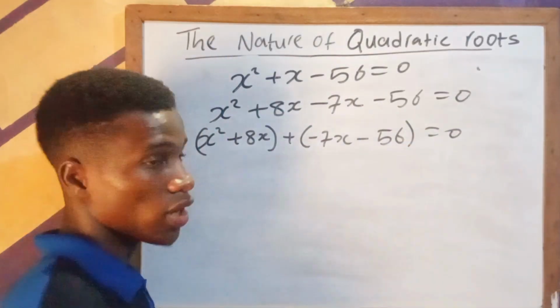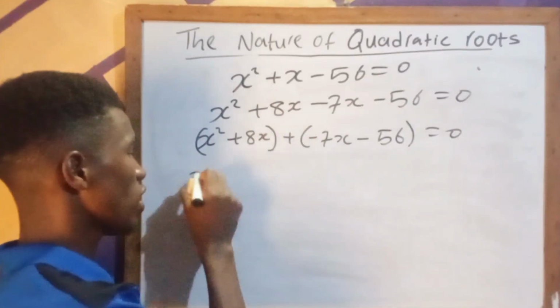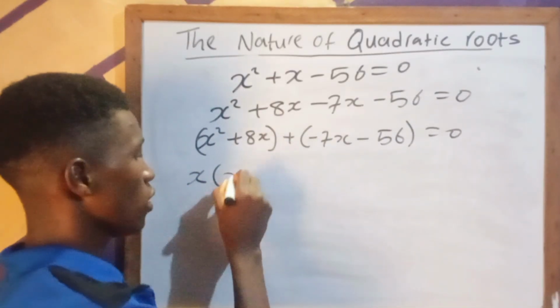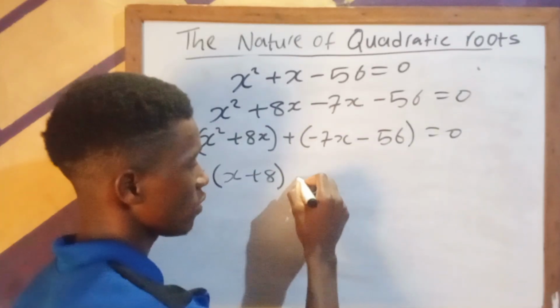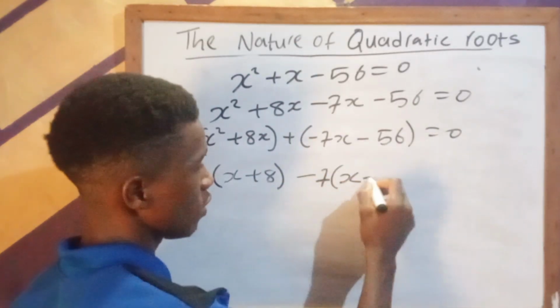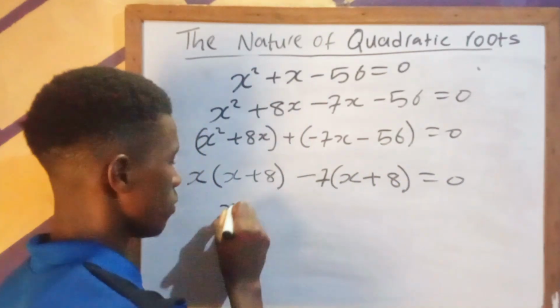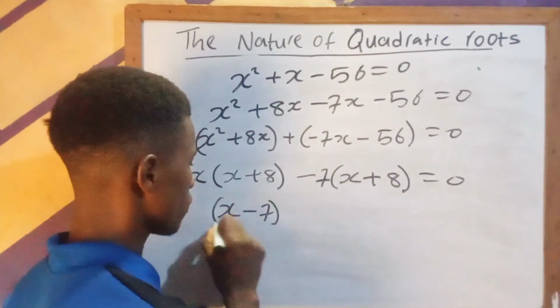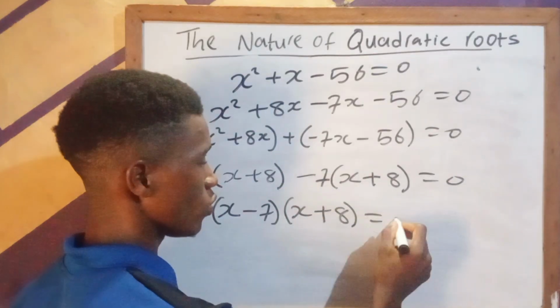So from here we can quickly factor out some similar terms. When we factor out x, you'll have x times (x plus 8). Then we factor out minus 7, we have (x plus 8) equal to 0. So we can easily group them: (x minus 7)(x plus 8) equals 0.